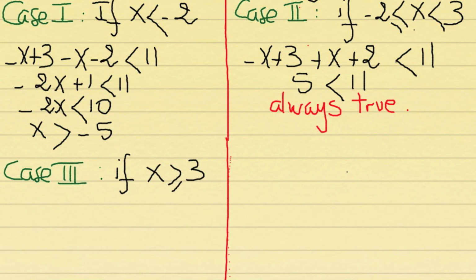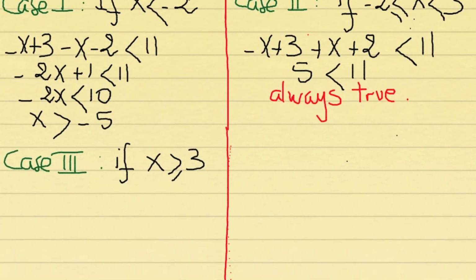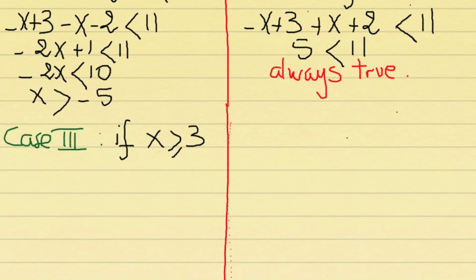Now if x is bigger or equal to 3, then the absolute value of x minus 3 is just x minus 3, and the absolute value of x plus 2 is going to be x plus 2 as well. So we're just getting rid of the absolute value bars and writing the inequality without them. It's going to be x minus 3 plus x plus 2, and that is less than 11.